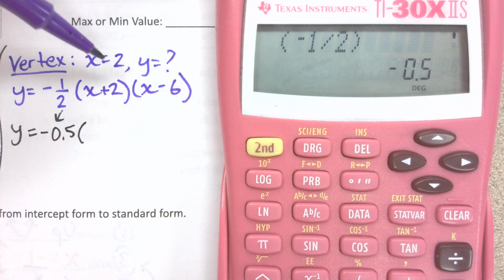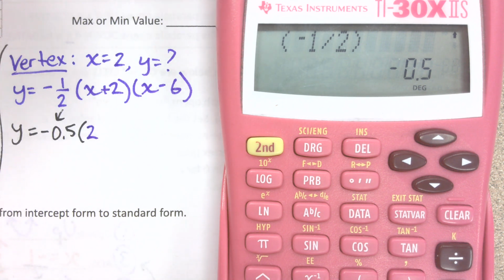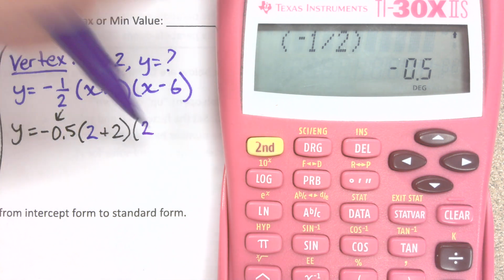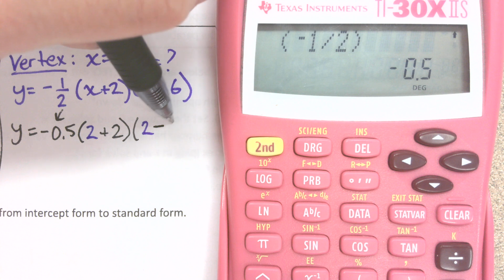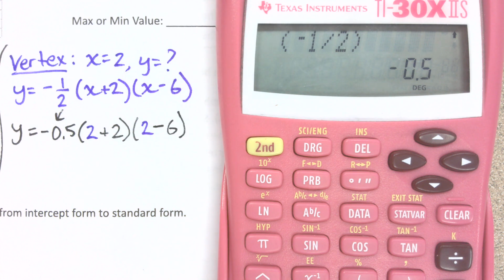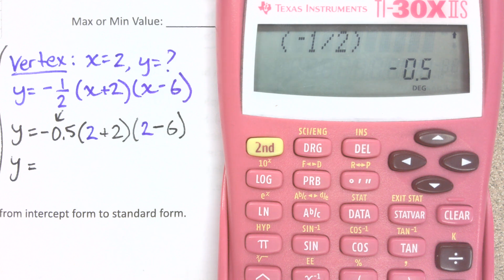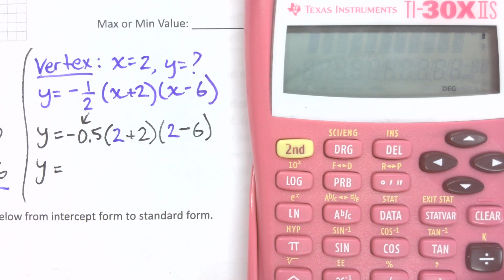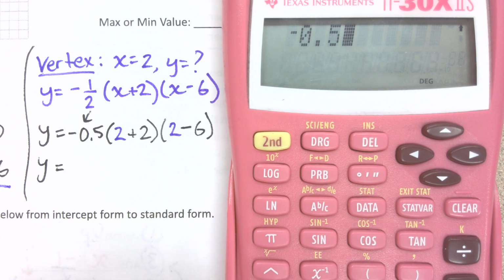times my x, which is 2, plus 2, in parentheses, another parenthesis, again, x is just 2, minus 6. Let the calculator do the rest. -0.5, no parentheses needed.